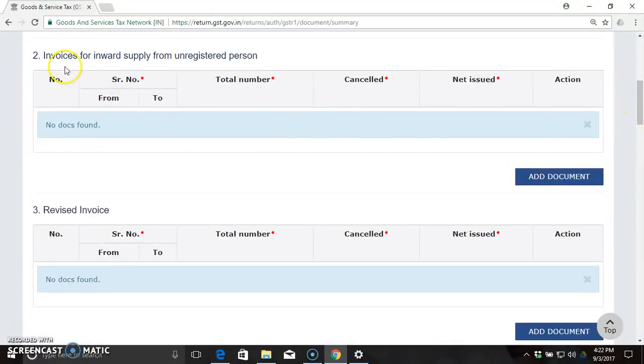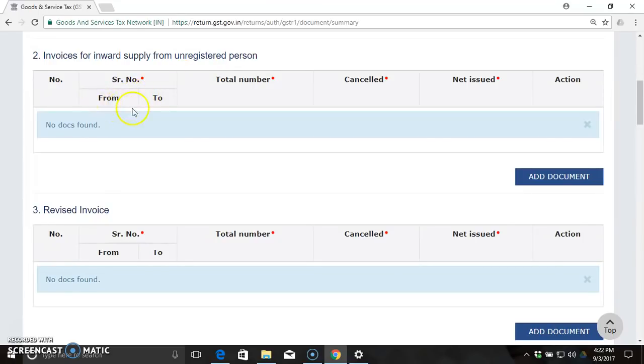Next, invoices for inward supply from unregistered person. Whenever we receive inward supplies from an unregistered person, then the taxpayer who receives the inward supply has to raise a self-invoice. This is a must.